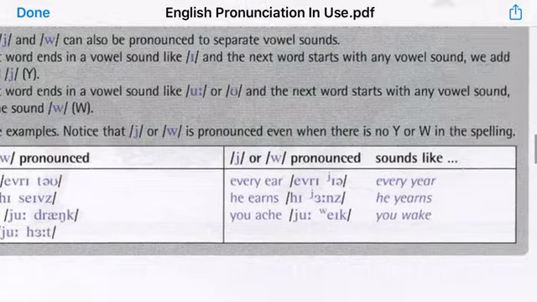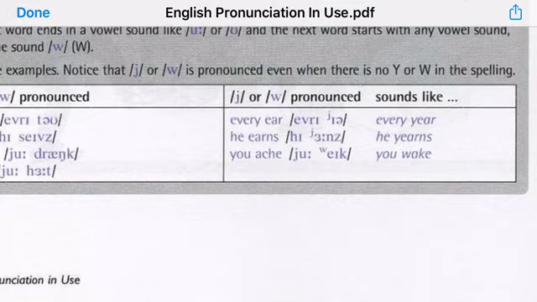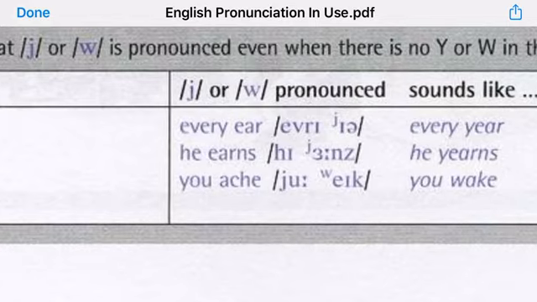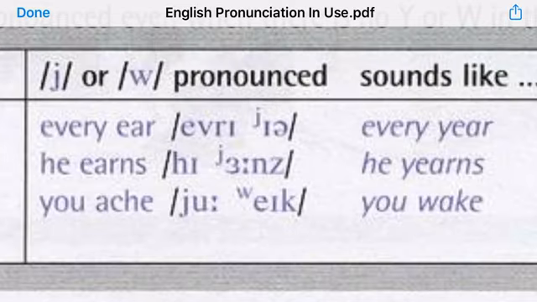Look at these examples where we insert Y and W in between certain words or vowels. "Every ear" is very careful, very slow pronunciation, but in fast and connected speech, it would sound like "every year." We insert Y in between the two vowels.